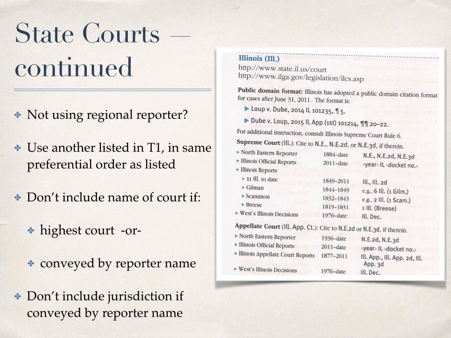Using that Illinois example we just spoke of, your parenthetical already had app court eliminated, since the reporter abbreviation for the Illinois Appellate Court Reports tells us not only the court name, app court, but also IL for Illinois. We can eliminate the IL from our parenthetical as well. In short, when using the Illinois Appellate Court Reports, your parenthetical for court, date, and jurisdiction will contain nothing but the date of decision.